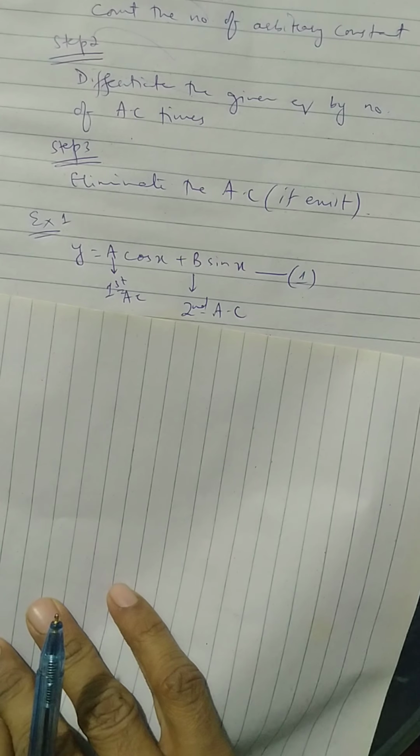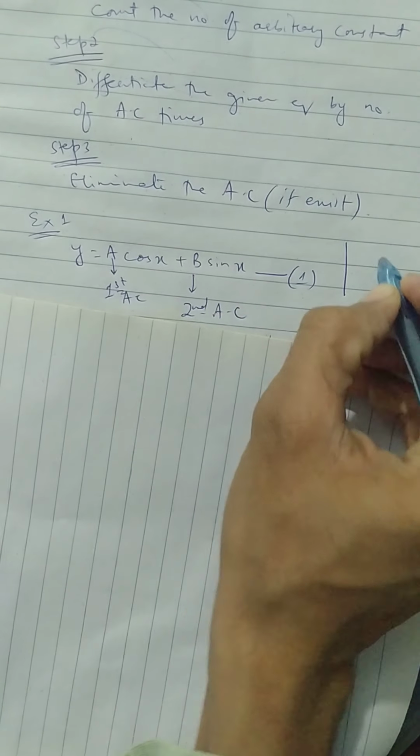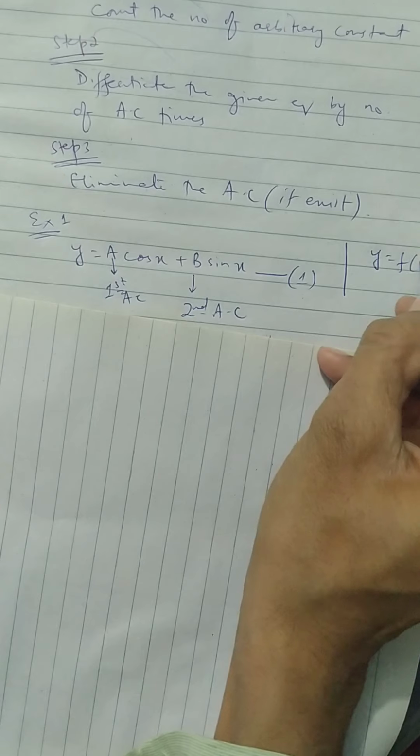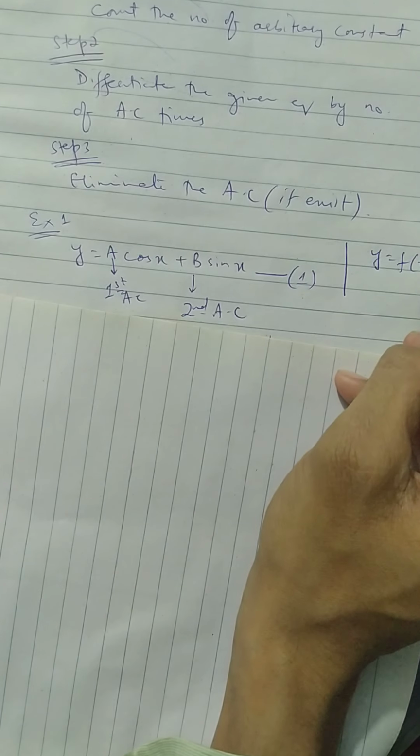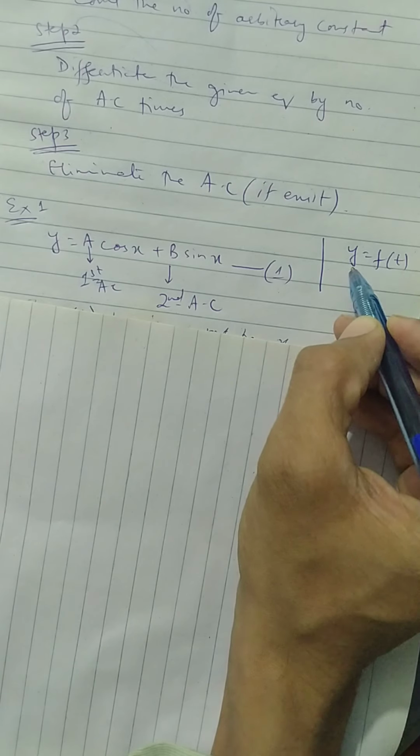In any other case, if we have to consider some other situation, for example if for any reason we consider y as the independent variable and x as the dependent variable, then I'll notify it. Or for any other equation, let's suppose we have y as a function of t. That means I am defining t as your independent variable and y as your dependent variable.